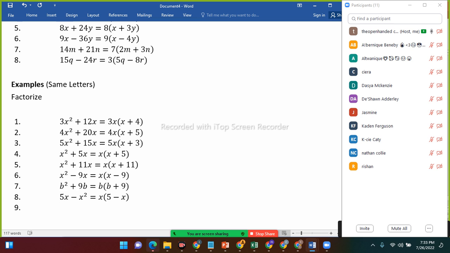Okay, so what if we have 9x squared minus 6x? Deja, help me out with this.